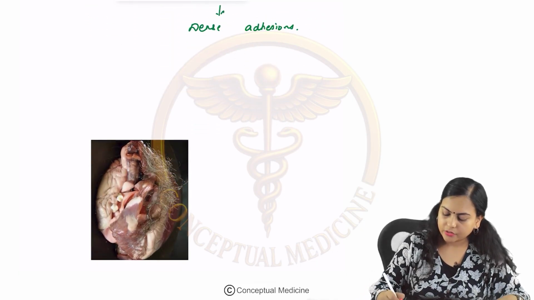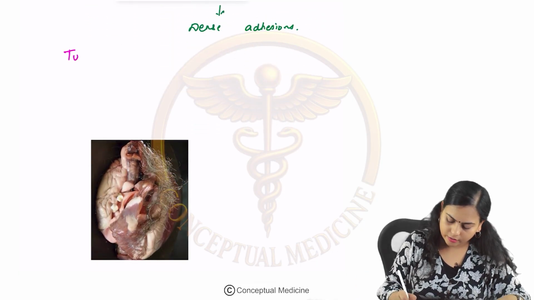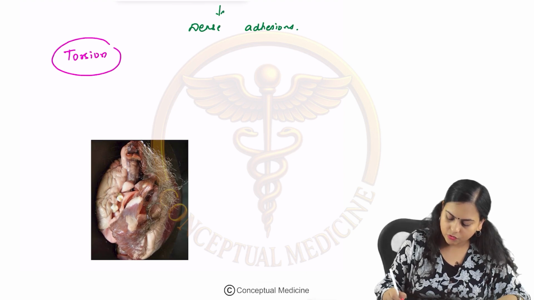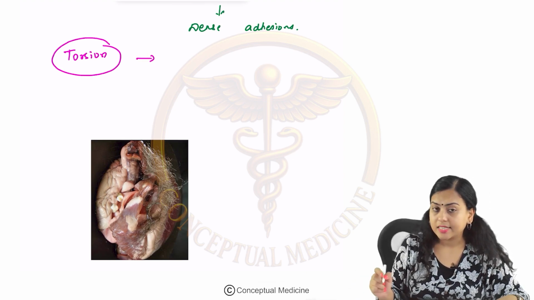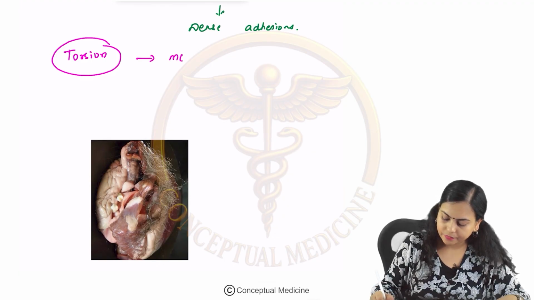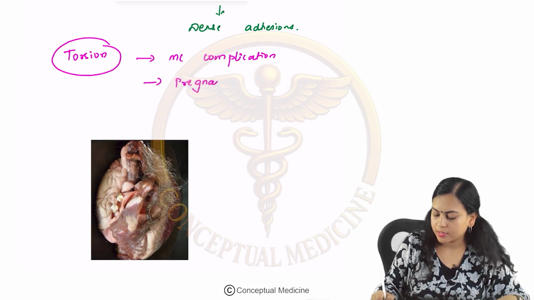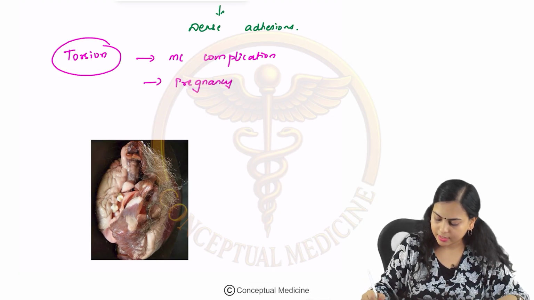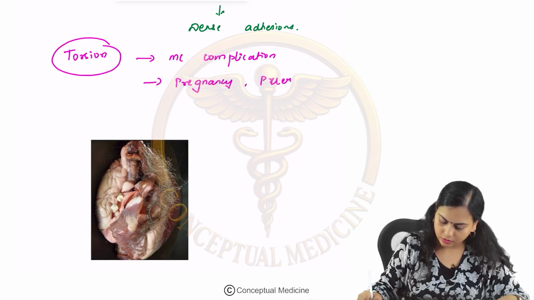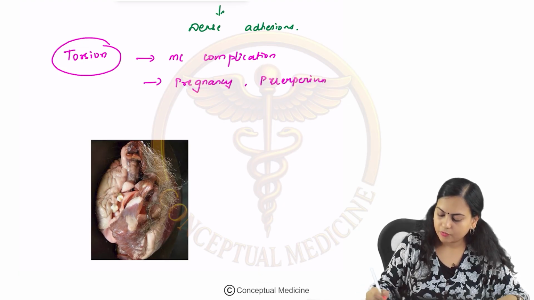You have to know torsion is the most frequent complication and it is most commonly seen in pregnancy and puerperium because these women are in the childbearing age group. So how will you manage?